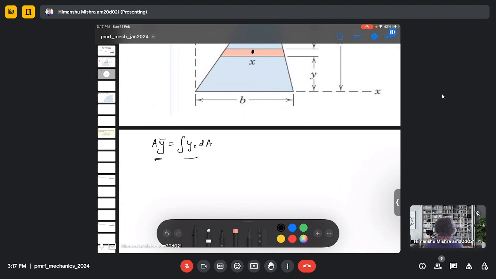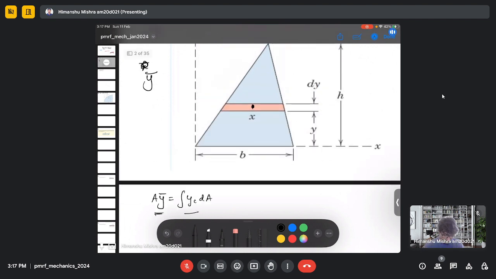So the left side moment is due to the overall weight of this object, and the right side is due to the summation of weight of the particles which are present inside this object.